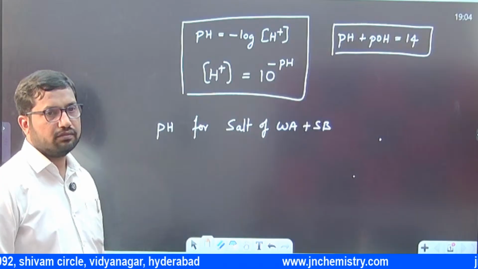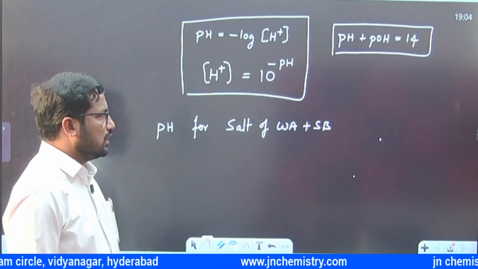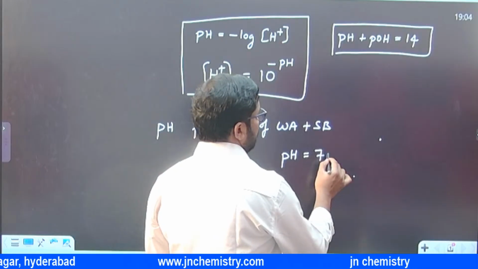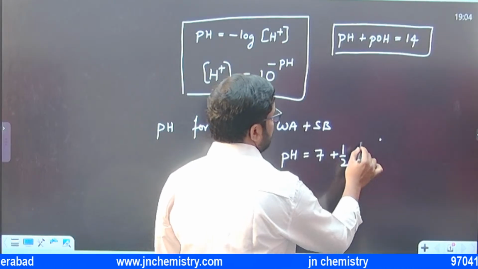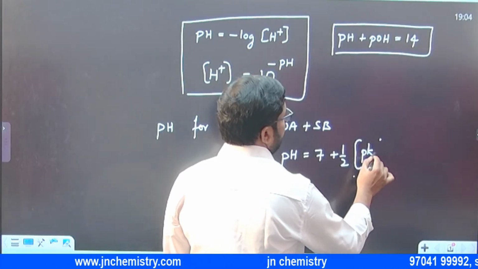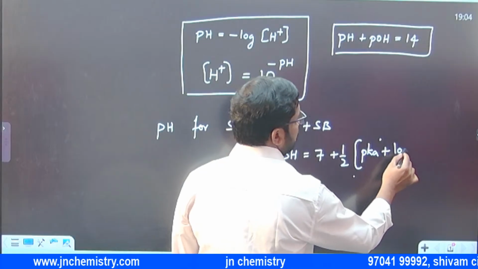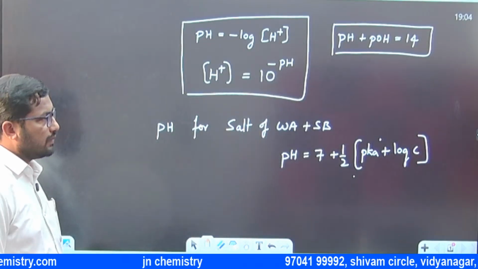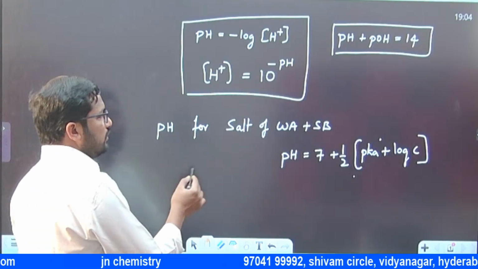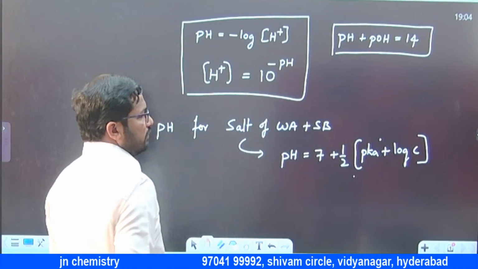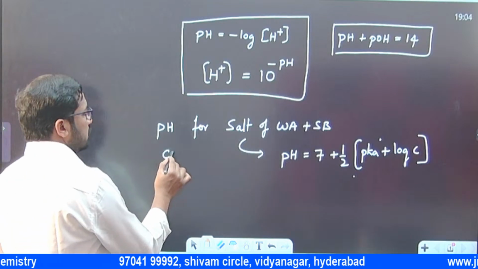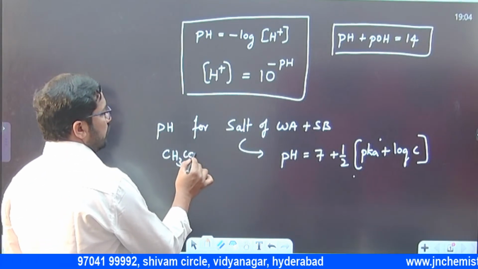So pH is equal to 7 plus 1/2 pKa plus log C. This is for a salt of weak acid, strong base, like CH3COONa.